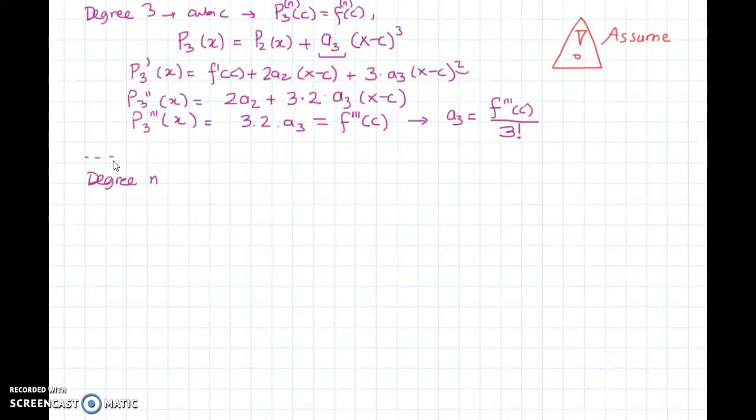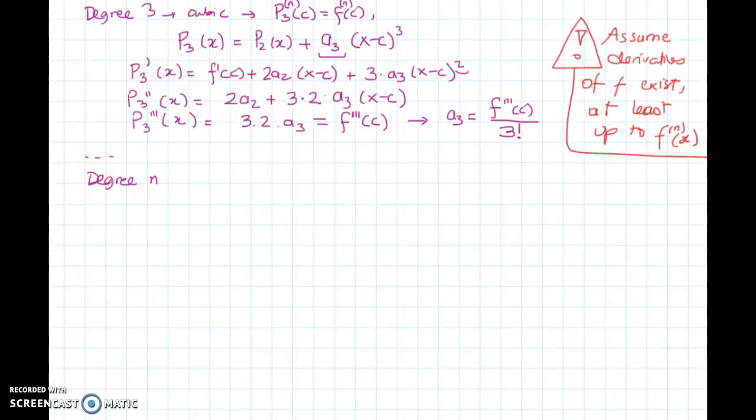So assume derivatives of f exist at least up to the nth derivative. Because we are working with that, we have to make sure this is actually possible for us to do.